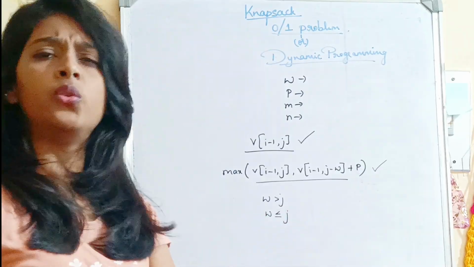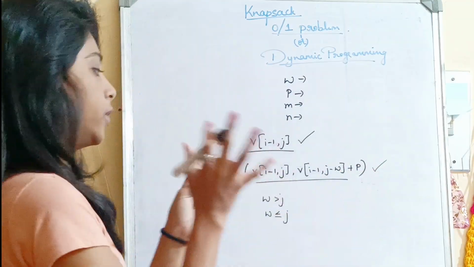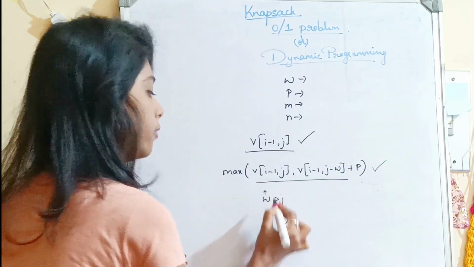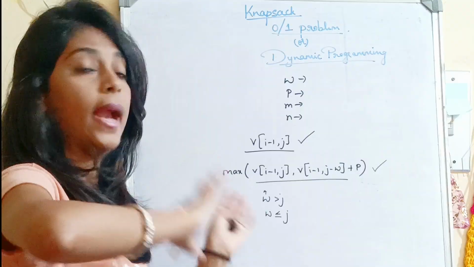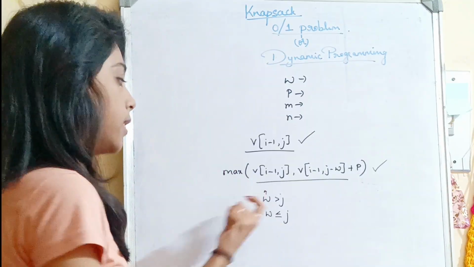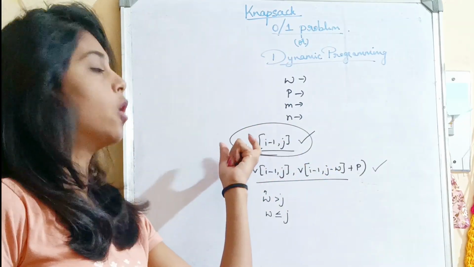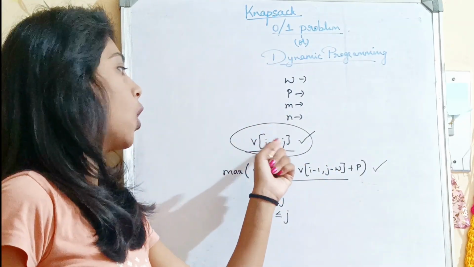I will let you know what V, i and j are while solving the problem. For now, just keep in mind that if the weight of the object we are adding into the knapsack is greater than j, then we use the small formula, V of i minus 1 comma j.